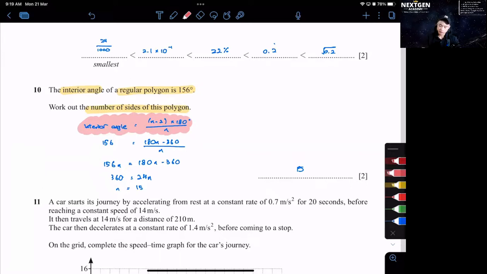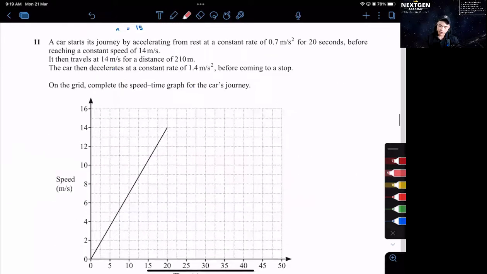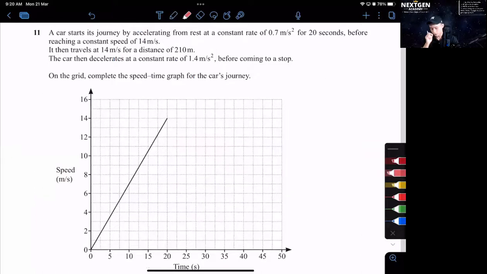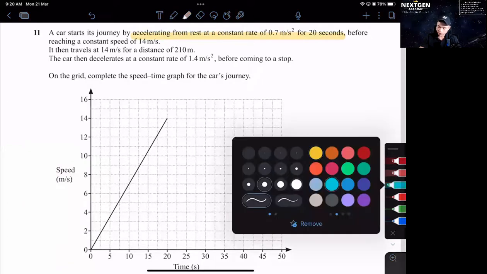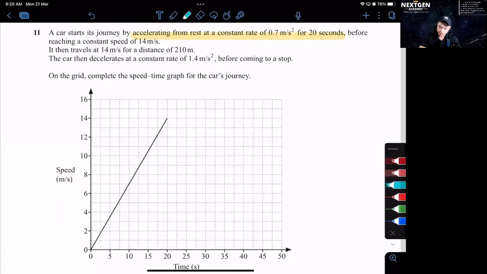All right. Okay, question 10 done. Let's go to question 11. This is a speed time graph. A car starts its journey by accelerating from rest at a constant rate of 0.7 meter per second square for 20 seconds before reaching a constant speed of 14 meter per second. I will put different colors so that we are clear what they are doing.